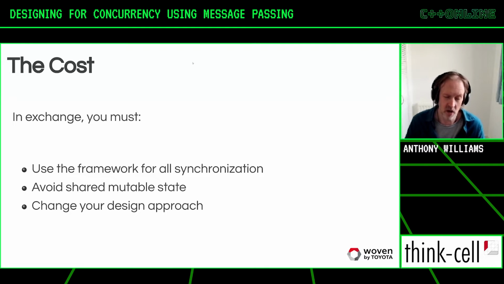If you are moving to message passing, then you need to give up on that. You do not have this shared data structure of any description. There's no such thing as a shared data structure that's designed for concurrency that you are also using alongside the message passing, because that is communication that's outside the framework.